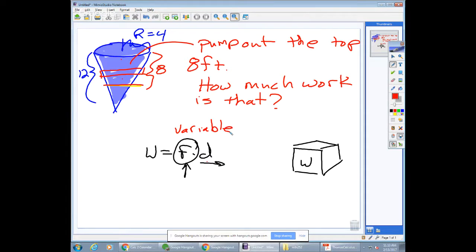And that's why we need calculus to do this particular problem. With the box problem, that's a fixed force, and that's just arithmetic and experience. Because this is a variable force, it's going to require calculus.